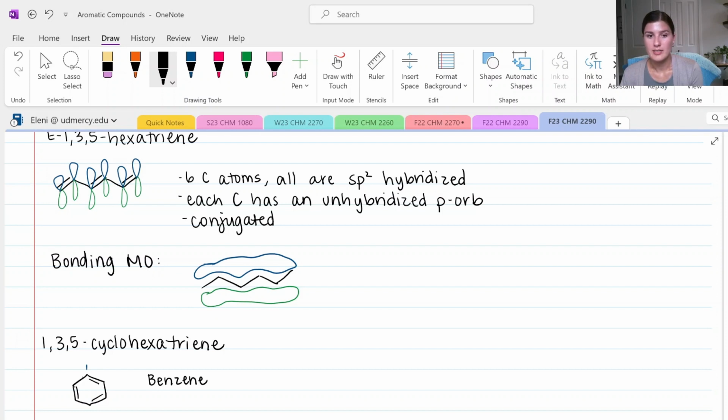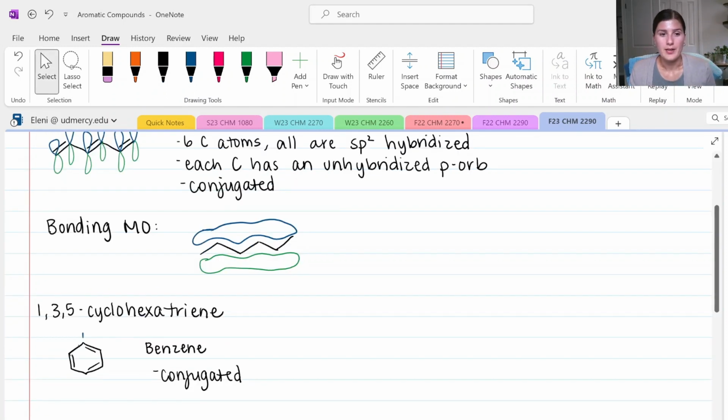So we can also say that this molecule is conjugated. And if we compare the linear molecule above with benzene below, you might imagine that we take the 2 ends of the linear molecule.